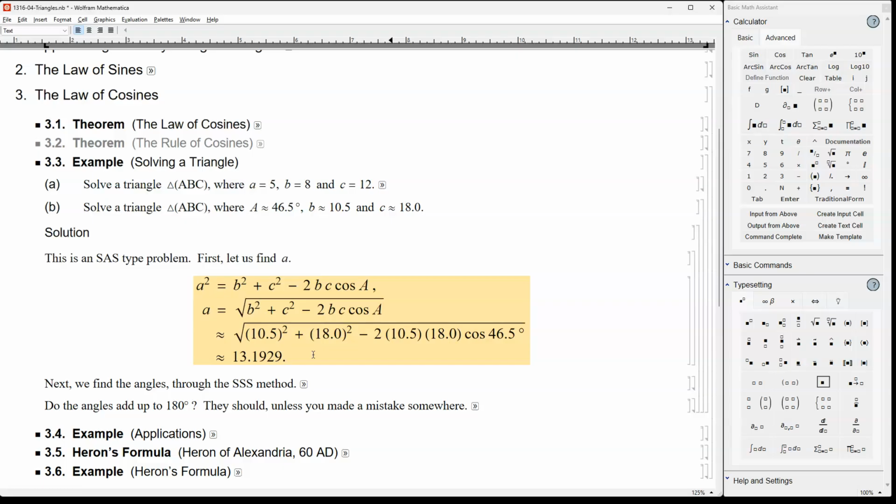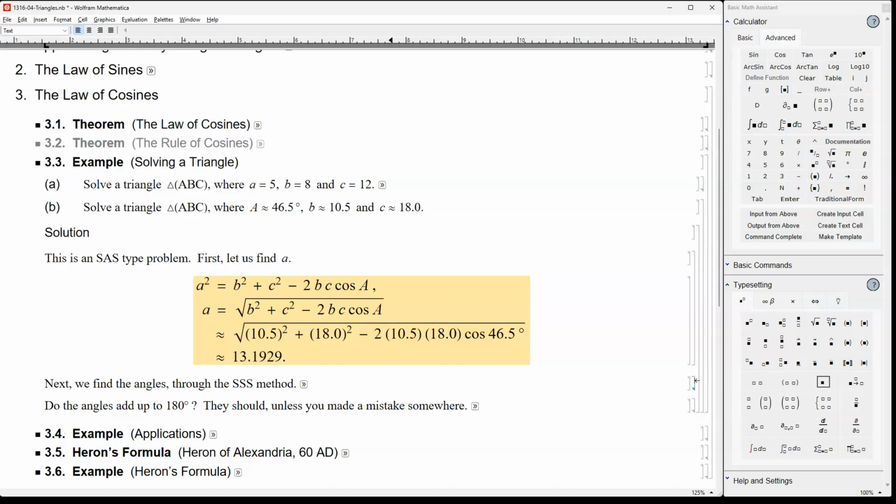Now, how do I find the other angles? Well, we already know how to find angles. We have 3 sides from the previous example, small a, small b, and small c, with those SSS, we can always find any angle. And that's what we're going to do.